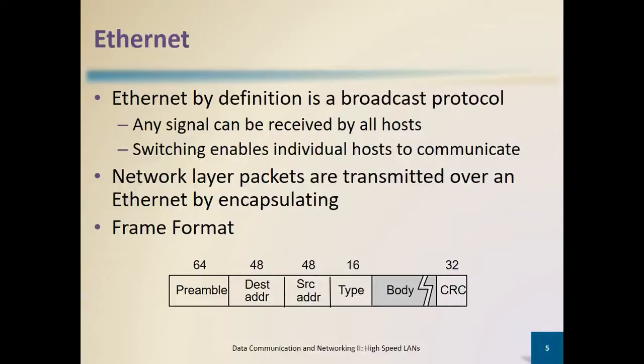Then you have 32 bits specifically allocated for your cyclic redundancy check, generally used for error control, error detection, and accuracy of data transmitted across your Ethernet transmission. So those are a number of key items within the Ethernet frame format.